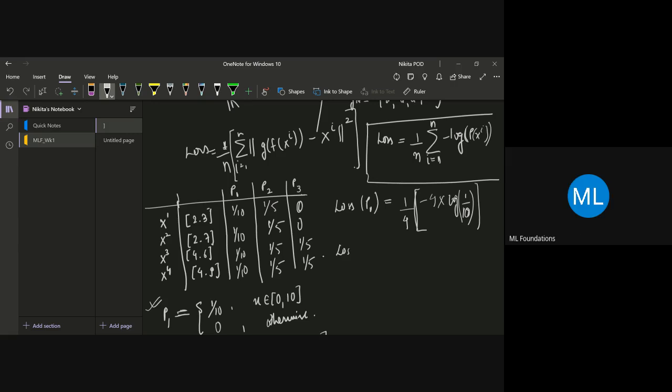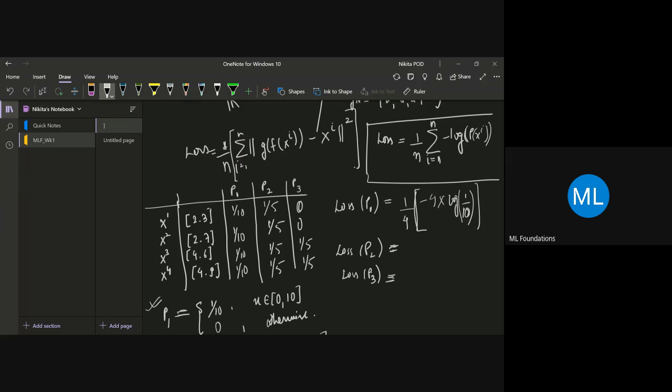Similarly you find for P2, and similarly you find for P3. Again, whatever comes the least, you would be interested to take that probabilistic model.